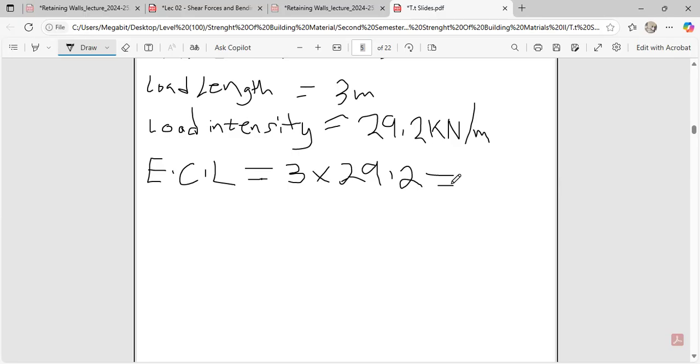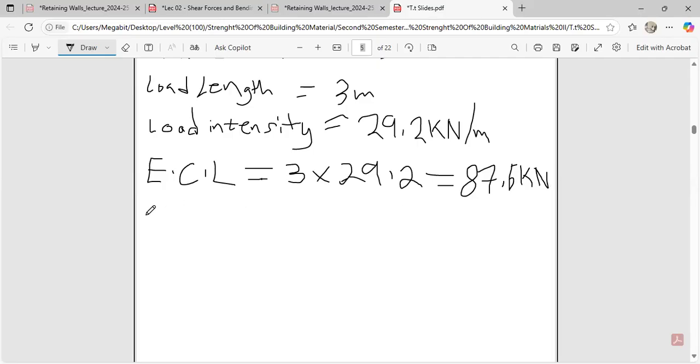I'm getting 87.6 kilonewton. So it is 87.6 kilonewton.